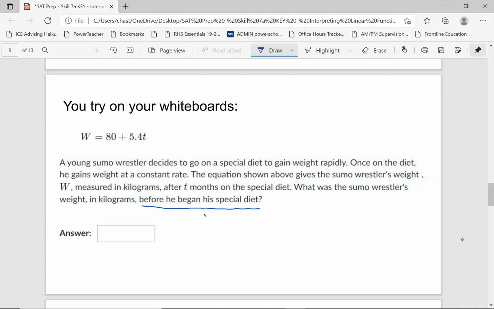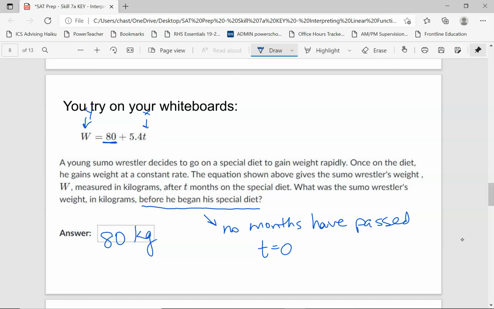So before he began his diet means no months have passed, which means T equals 0. In this case, our T is like our X and our W is like our Y. So what was the sumo wrestler's weight? Well, that would be like the y-intercept. So it would be 80 kilograms.